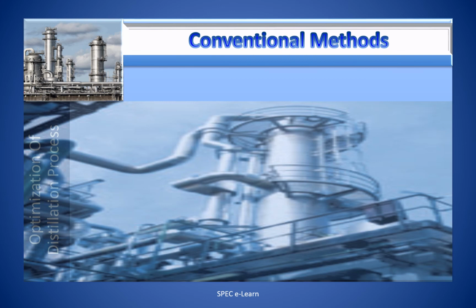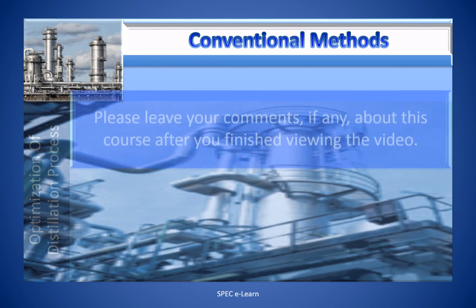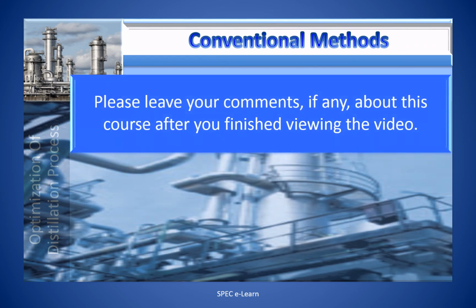With this, we have come to the end of the presentation of part 1 of the 2-part series on optimization of distillation process. Hope this presentation with narration and animation was useful.